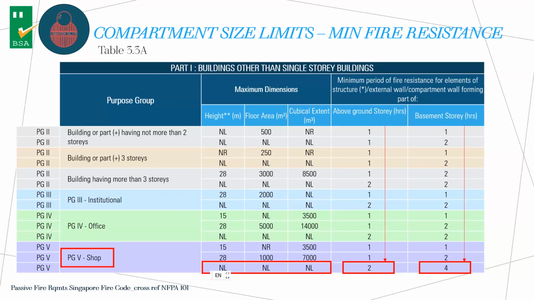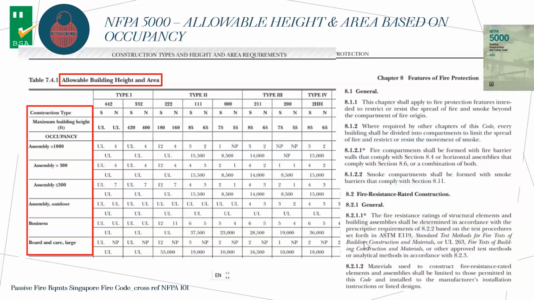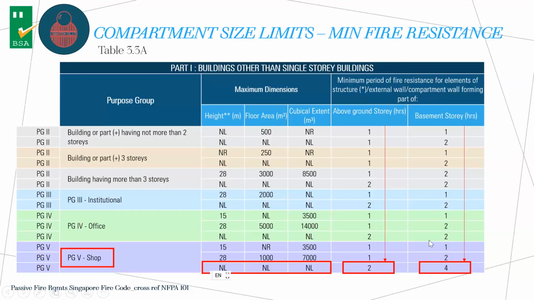All right, so imagine you have a shop and you want to have no limit on the height, no limit on the floor area, and no limit on the cubicle extent. If it's above ground, this compartment must be 2 hours, and if it is in the basement, it should be 4 hours.